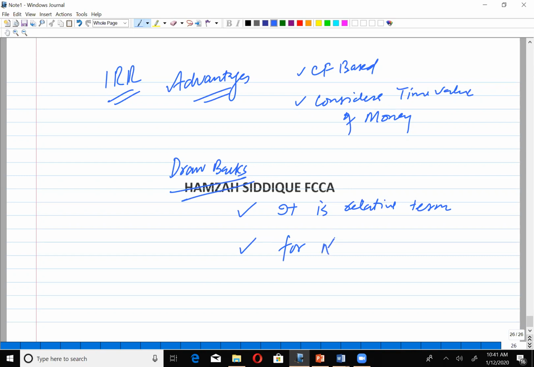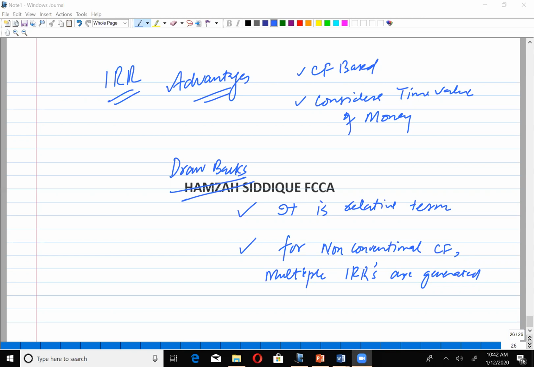For non-conventional cash flows, multiple IRRs are generated. What does it mean? Let us talk about it.